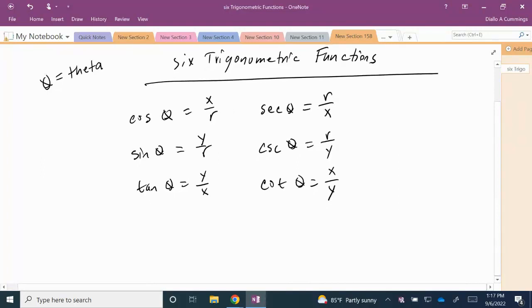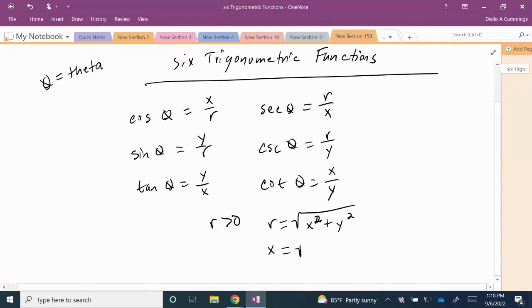Also, some facts that follow the 6 trig functions. R is always positive, right? So greater than 0 means positive. And then we also have the Pythagorean theorem. R is equal to the square root of x squared plus y squared.